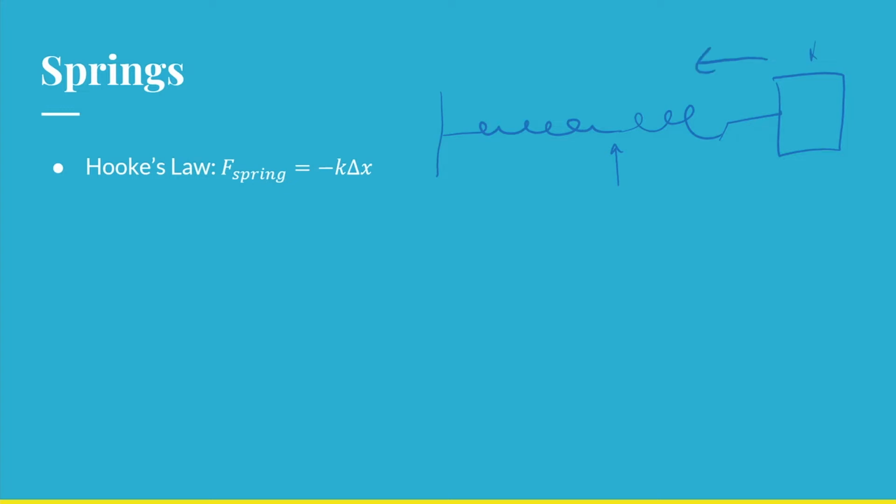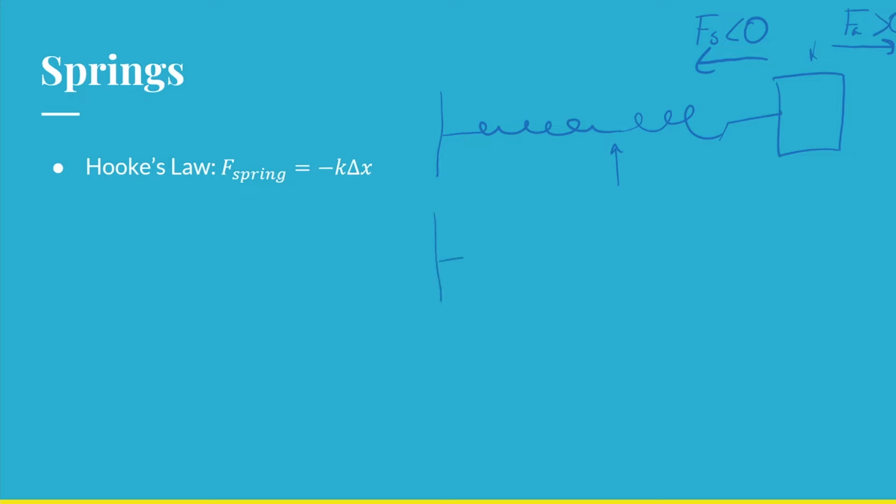If I am assigning a positive and a negative sign to my system, then I would say that the spring force is less than 0, or it's negative. Whereas if I'm holding on to this so that it's not moving, then there's some applied force that's greater than 0, that is positive.